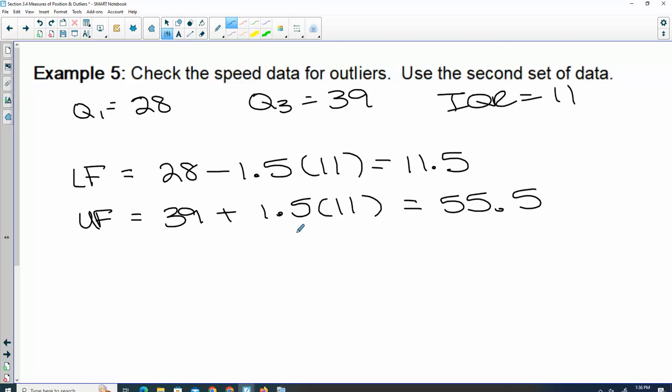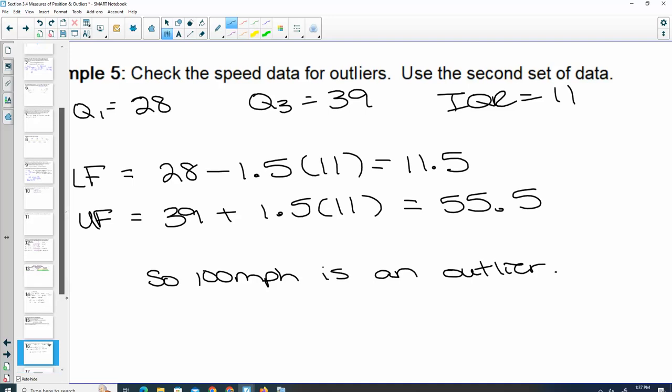If we look at that last set of data, there was only one. 100 miles per hour is an outlier. And in fact, 50 would not have been, but 57 would have been an outlier. So this basically just gives you the acceptable values that are not considered too extreme. Anything beyond would be outliers.